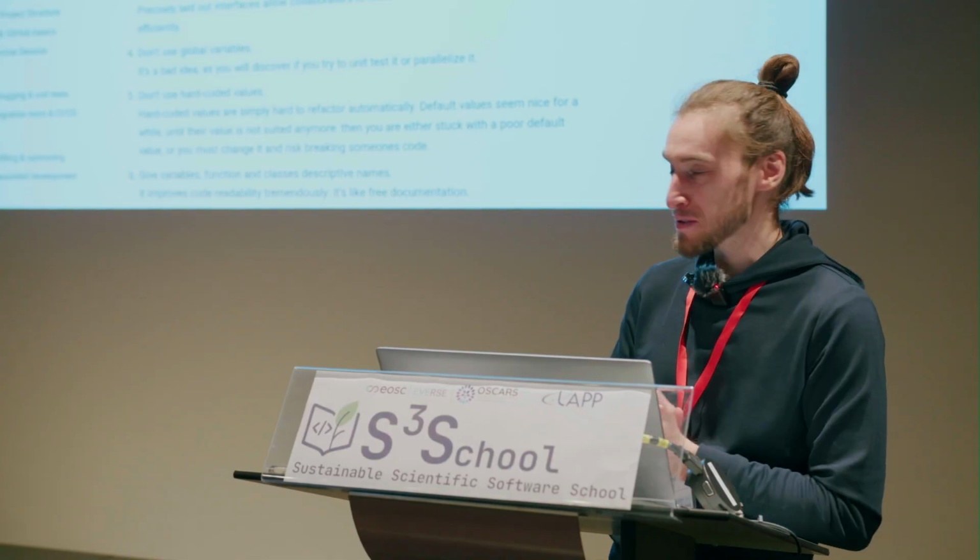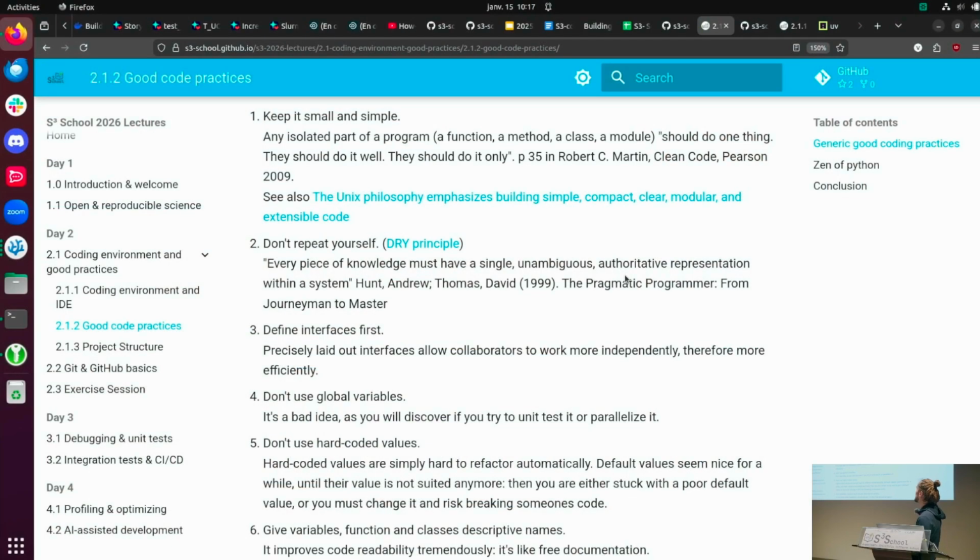So I'm going to skip. Normally we had a little session now about good coding practice. I'm going to skip it. We will talk about it during the exercise session. Basically, this entire school is about good coding practice, right? When you learn about Git, you learn how to share code, how to write good informative commits. That's good coding practice. Then we talk about testing tomorrow.